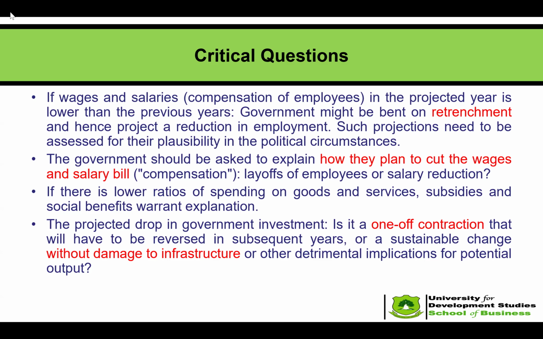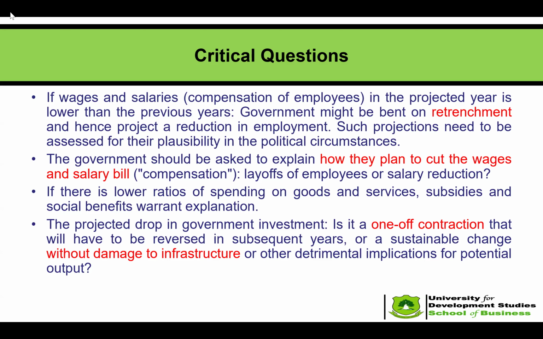If it is lower, then you ask government that question, whether government is actually going to retrench people. Because if not, why would your wage bill be lower? Do you also plan to reduce our salaries? Otherwise, why will the wage bill be lower? So you ask government questions about whether there's going to be some possible retrenchment.